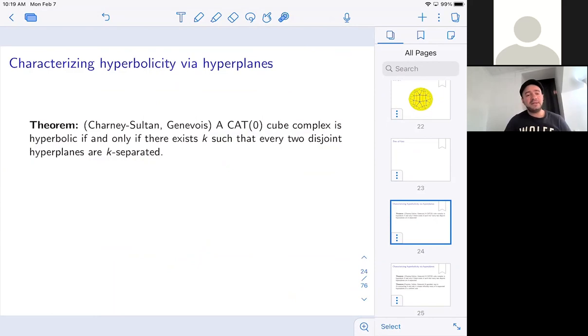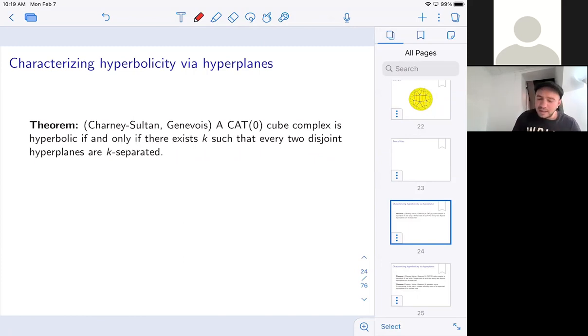And this theorem tells you that you can detect whether it's hyperbolic or not purely via the geometry of hyperplanes, right? You look at every pair of hyperplanes. If they all happen to be uniformly k-separated for the same k, then your cube complex is hyperbolic. I'll actually give you a proof for how this works, because it's cute, and it shows you how arguments in cube complexes just really reduce down to combinatorics.